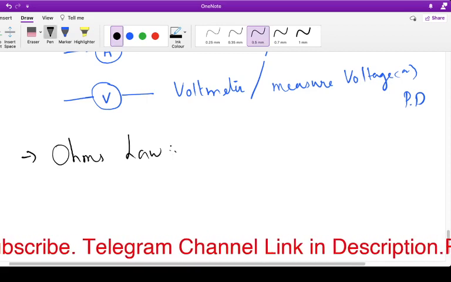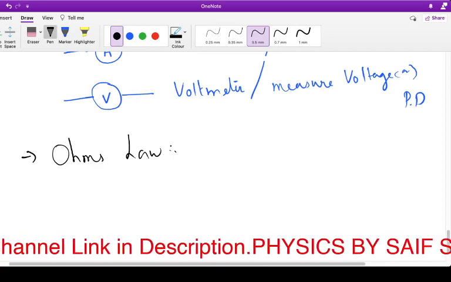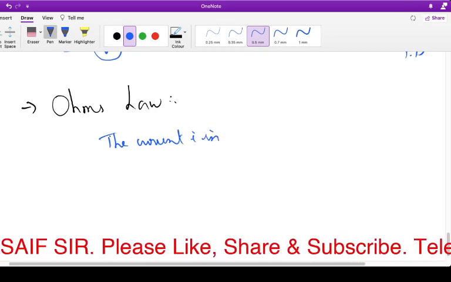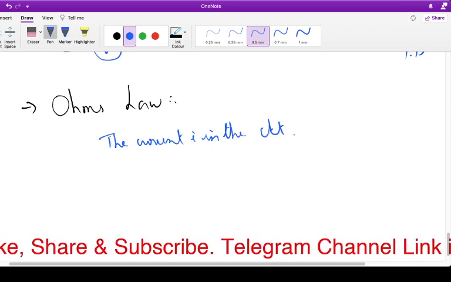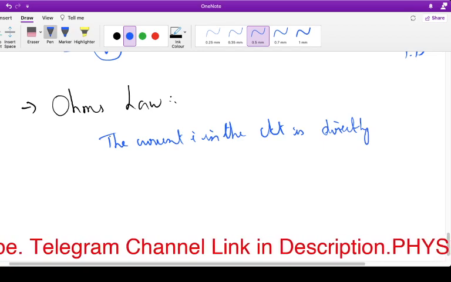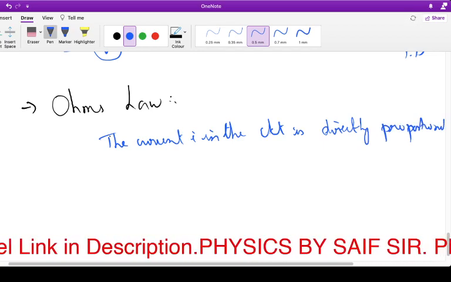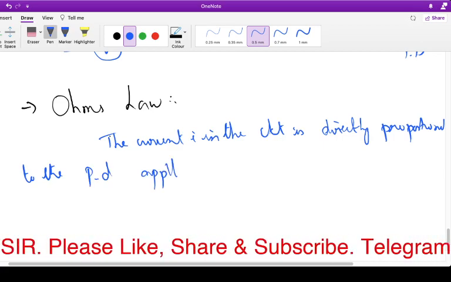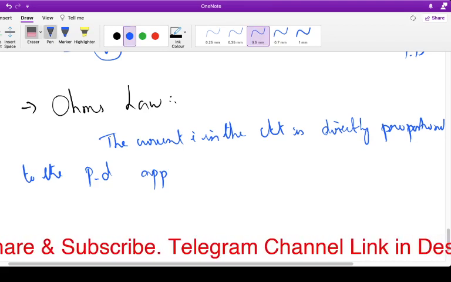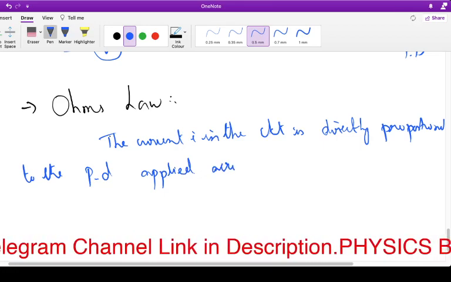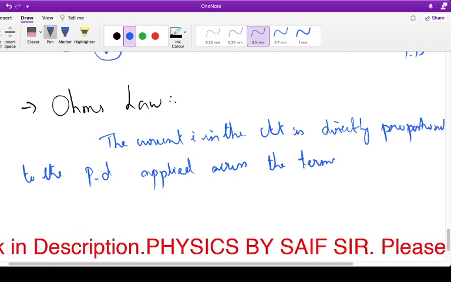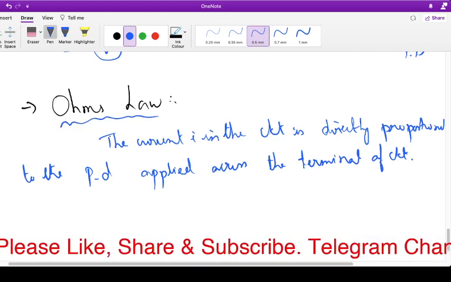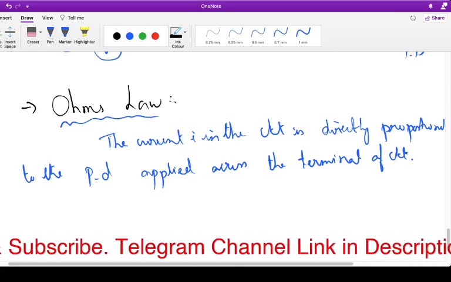Ohm's law states that the current I in the circuit is directly proportional to the potential difference applied across the terminals of the circuit.